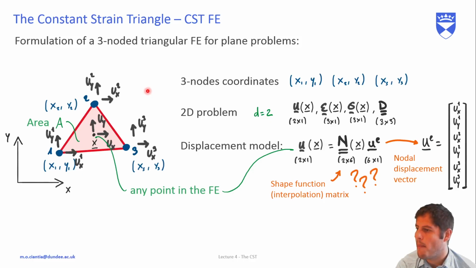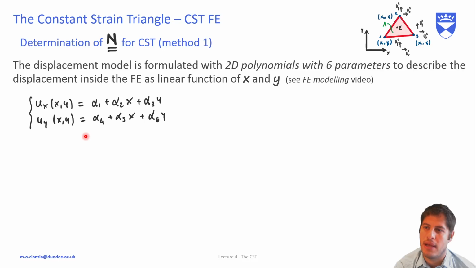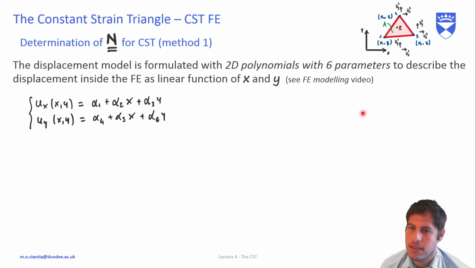So the general way to determine the shape function matrix was to introduce some parameters and write our displacement as a function of some constants, which at the moment we don't know.